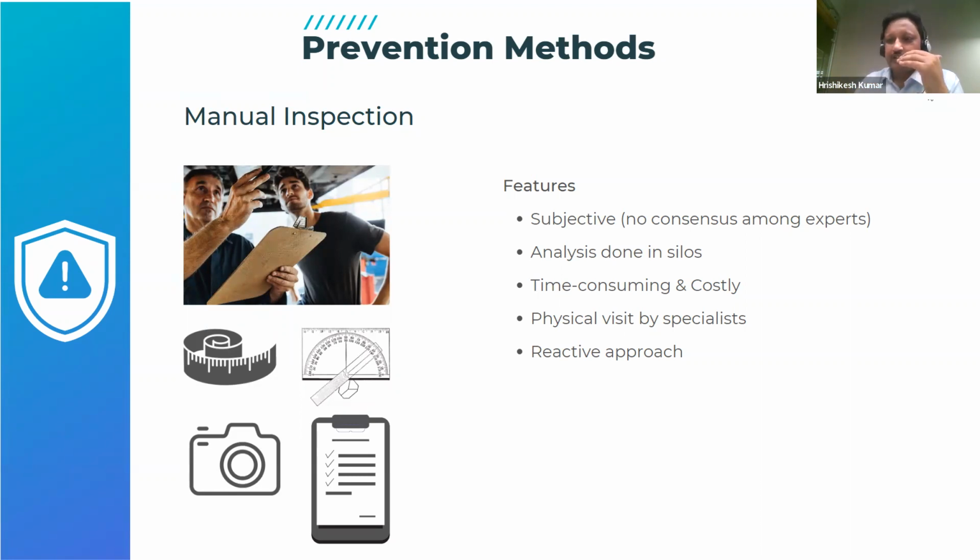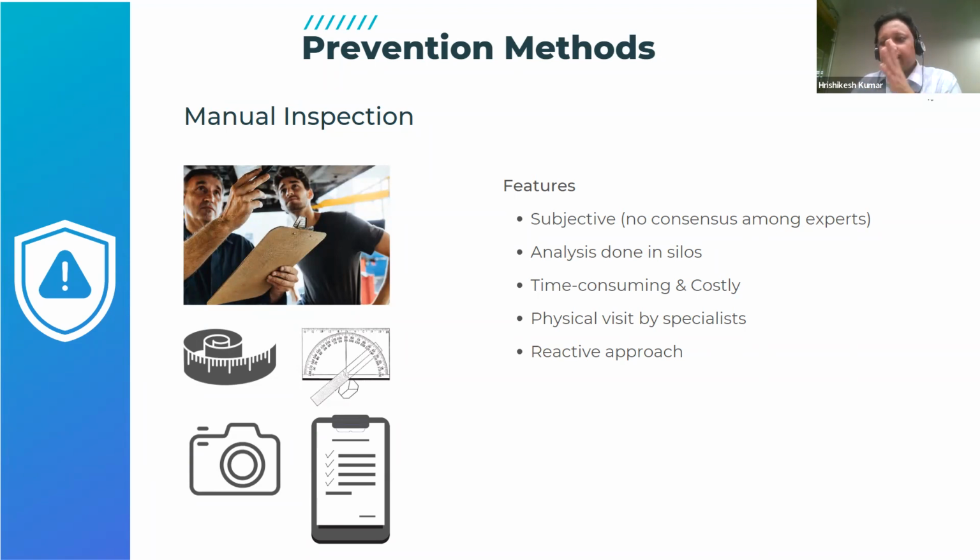The current methodology in most of the places is, if the regulatory body is strong, they send the inspectors, they send people to make sure that the rules are complied with and the working condition is fine. But it's a totally manual inspection process.